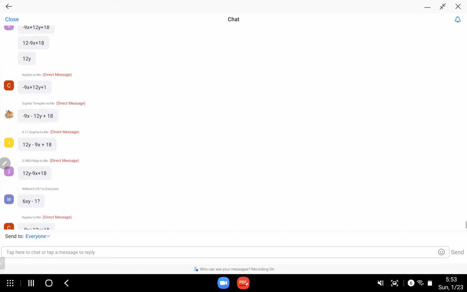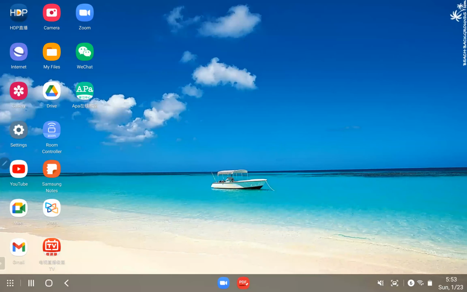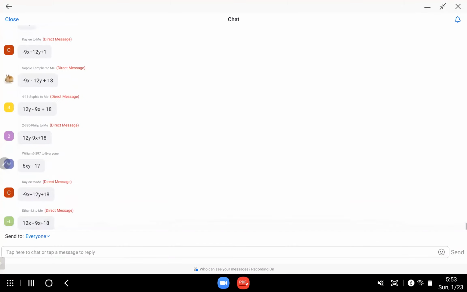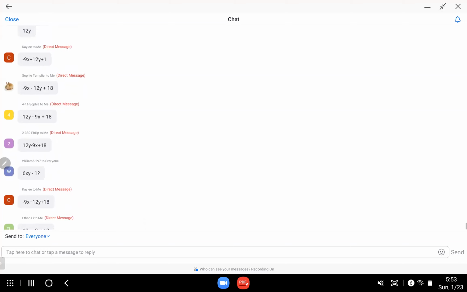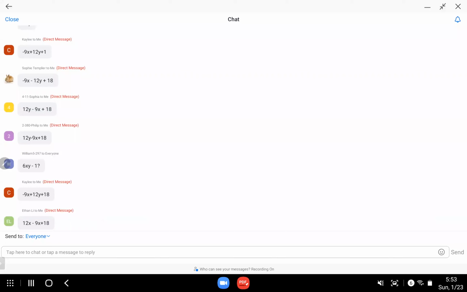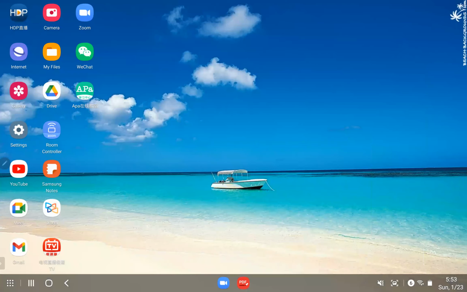Kaylee, I think you forgot to distribute the negative 18 to the negative 1. All right, so make sure you do it more carefully next time so you don't miss that fact. Okay. And we also got 6xy minus 1. So I don't know how we got that, but okay.